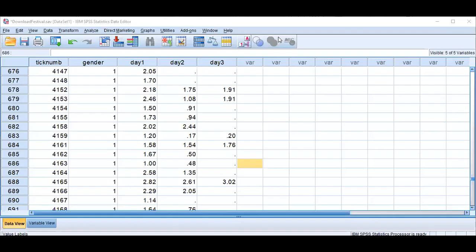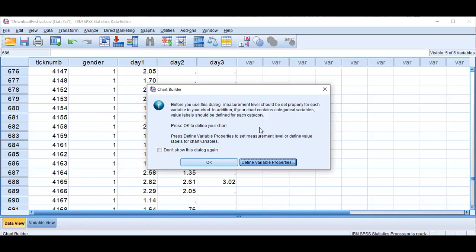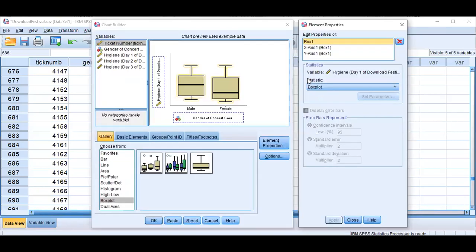How to create an error bar? We can go Graphs, Chart Builder, and then okay. And after okay, here we can see the same.